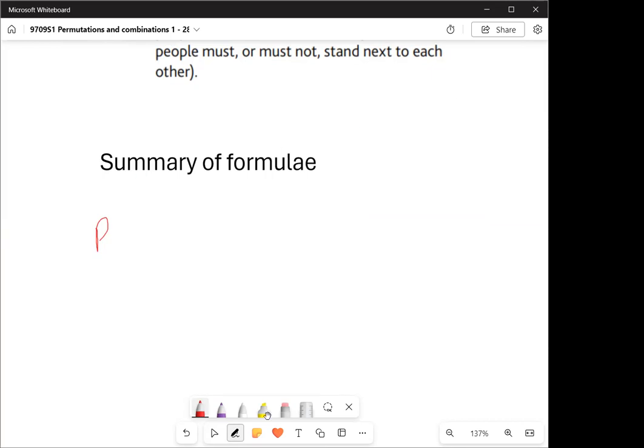Before we do any of this, let's understand something quite basic. n factorial is 1 times 2 times 3 times so forth until n.